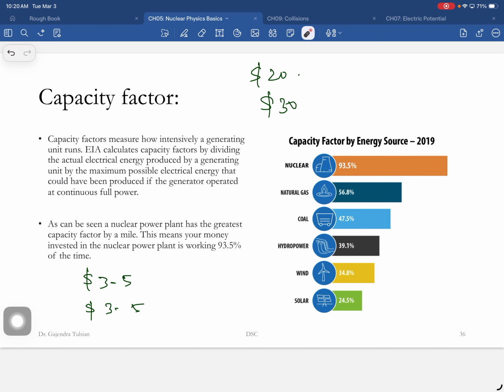Here's an important thing you want to understand. If you look at a city's electricity demand versus time, this could be time of the day, this would be around noon and so on. So you have peak use during noon.